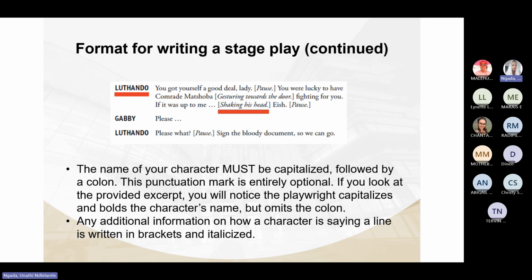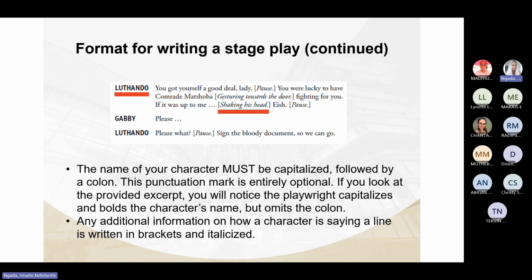This punctuation mark, the colon after the character's name, is optional, right? If you look at this particular excerpt, you will notice that the playwright capitalizes the character's name and writes it in bold, but then omits the colon. So you have two options here. Write the name of the character in capital letters followed by a colon, or write the name of the character in capital letters but omit the colon.